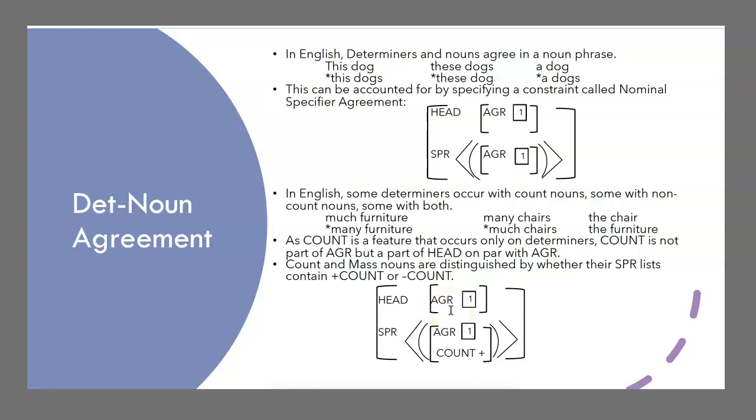What about 'some'? For 'some' the number is plural, and count is underspecified because it can occur with both 'some furniture' and 'some chairs'. It's like 'the'. Okay. Right?